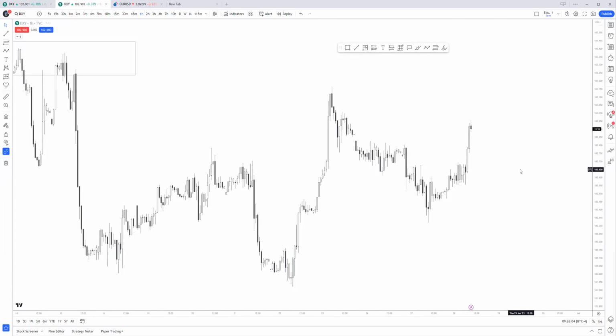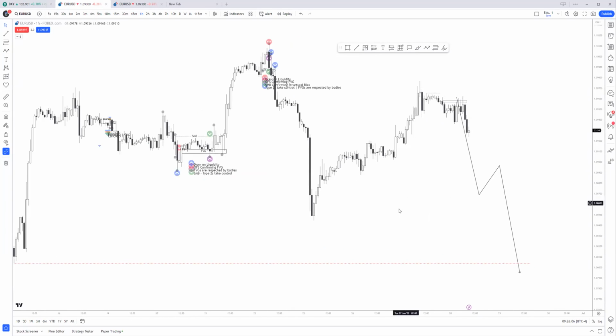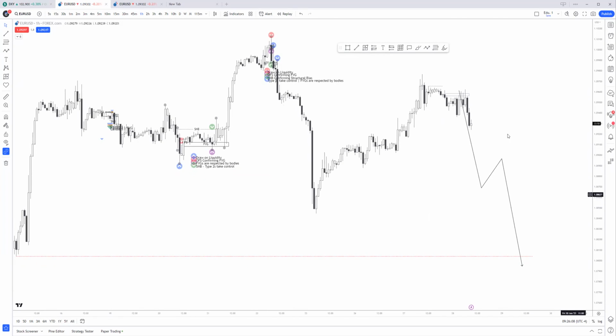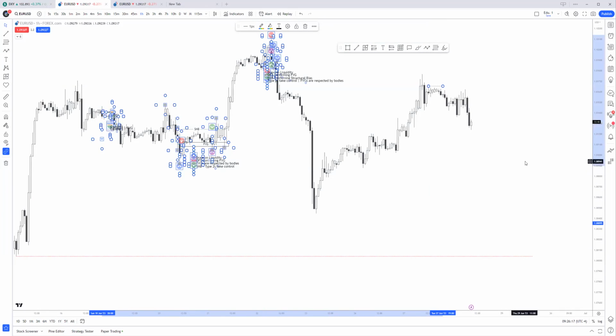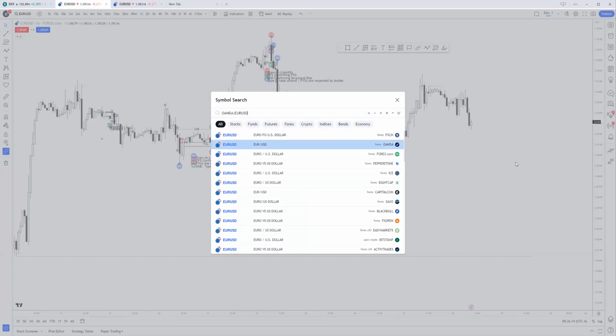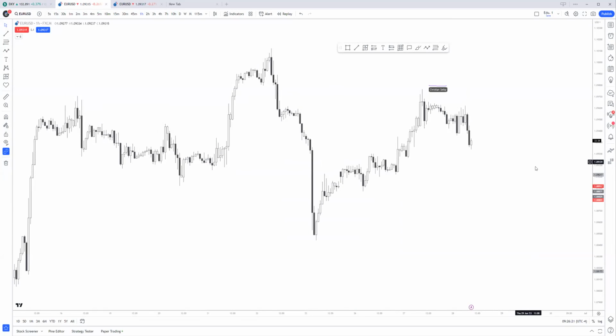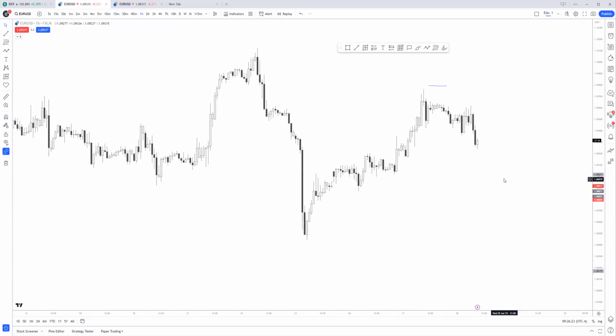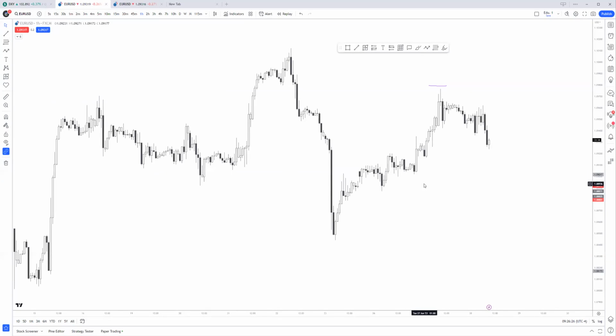Question on this EU. Yep. The Asian high was taken as liquidity, but before the Asian high was put in, we were looking at this point being the next likely draw on liquidity. Sorry, this one was the next likely draw on liquidity, but this one here is the Asian high.